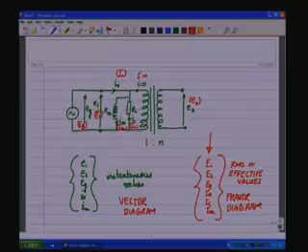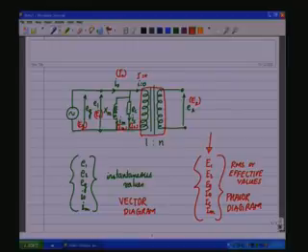Okay, now coming back to the transformer, we have the ideal transformer, and to the ideal transformer we have attached two components, the core loss component and the magnetizing reactance component, which indicate two non-idealities.